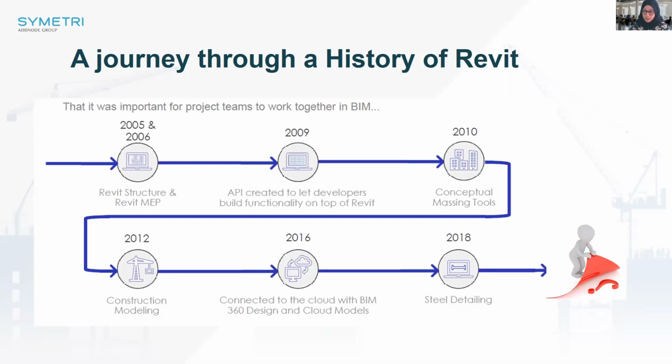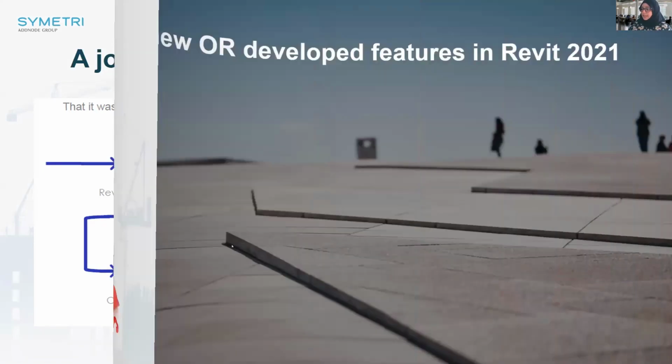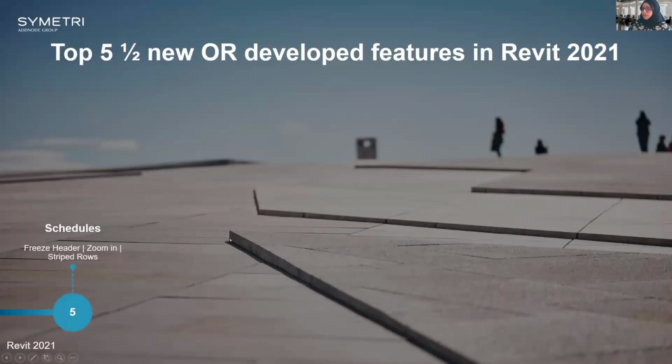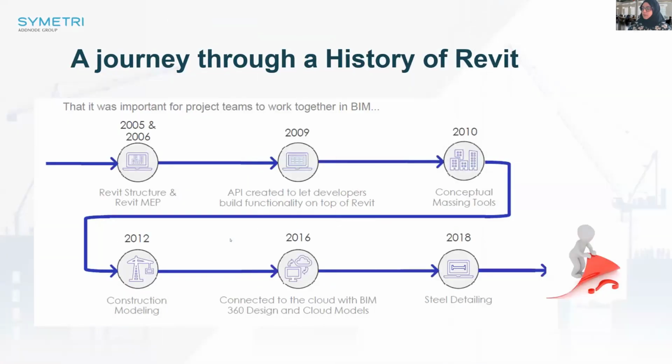2012, construction modeling came through. 2016, which is actually quite recent, I think, we started to look at the cloud and BIM 360 design and cloud models. So in terms of collaboration within the cloud. And then 2018, whoops, apologies about that, went forward too quickly. 2018, steel detailing came along, and as we've seen that great demonstration as well from Rob.